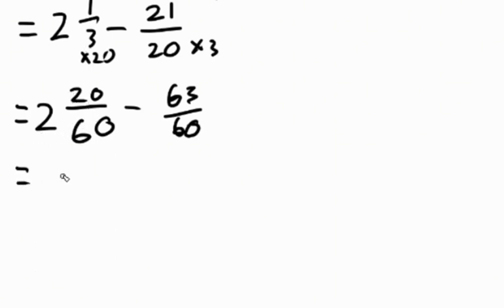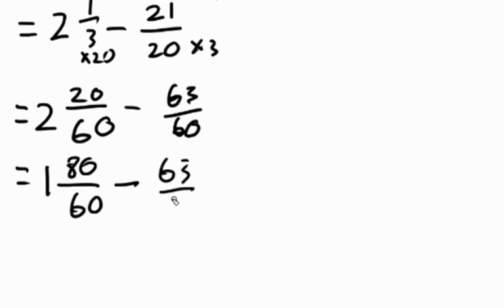So this will equal 1, and 60 plus 20 equals 80 over 60 minus 63 over 60. And what we will get is 1 and 17 over 60. And since we cannot simplify any of these, this will be our final answer.